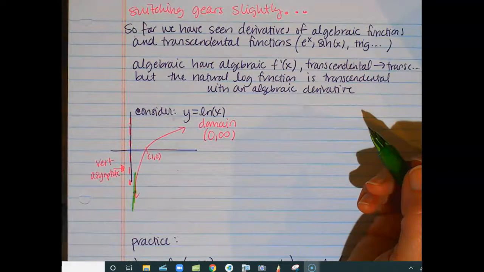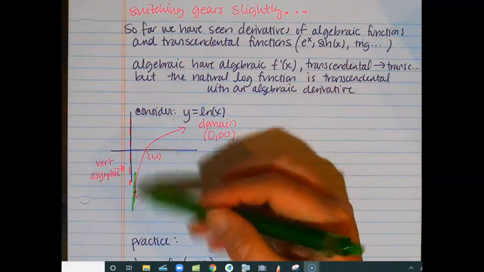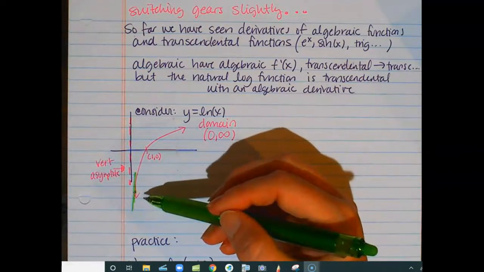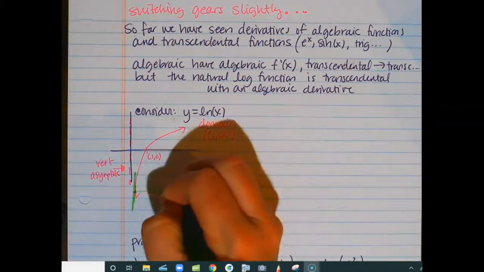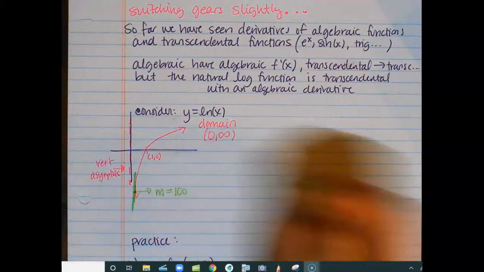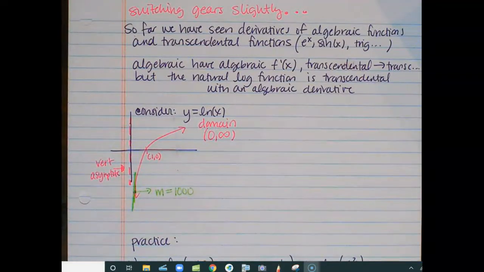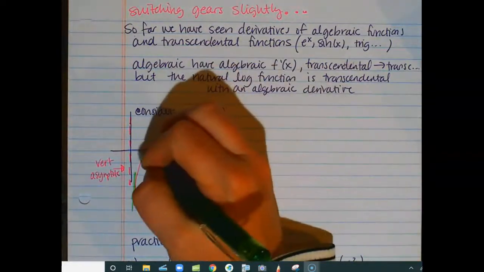It's a high number. Like it would be up 1,000 over 1. It's a very large number. So we're going to call this m equals, let's just say 1,000. That doesn't show up very well, but it's 1,000 right here at the slope.